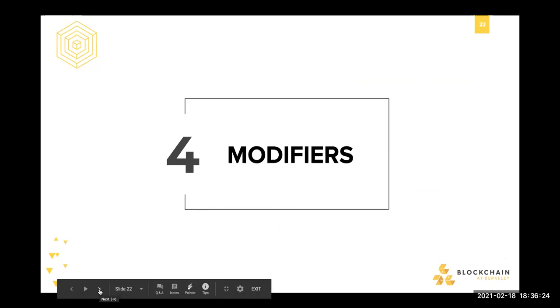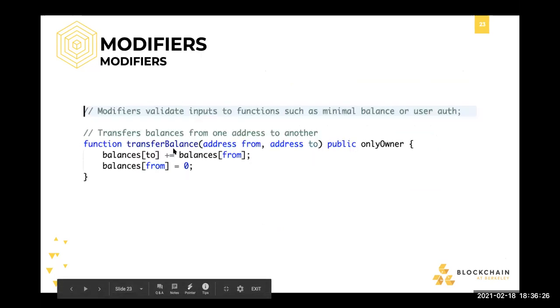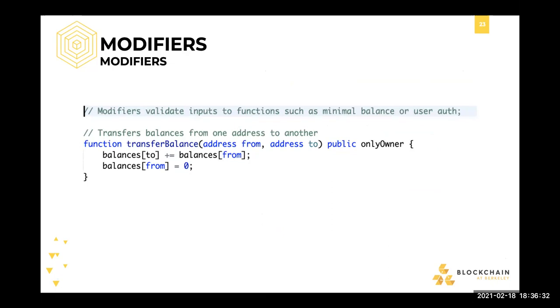Modifiers. Modifiers are pretty useful because they're pretty much checks on your function. They make sure that your function can run when certain conditions are met. Let's take transferBalance. What transferBalance does is transfer balances from one address to another.